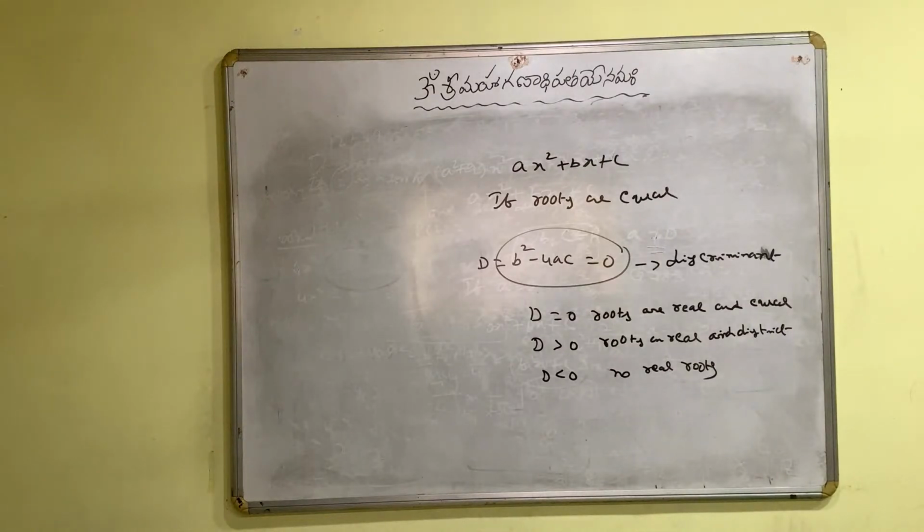So what is given in the question? If the roots of the quadratic polynomial are equal, then the discriminant is 0. D is 0. Option D is right.